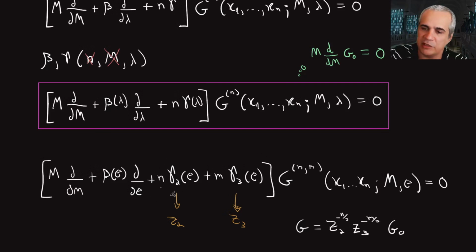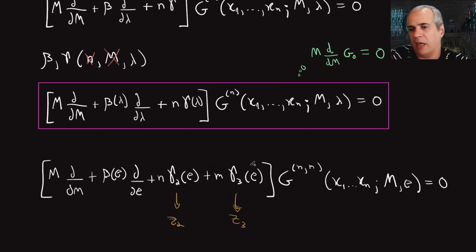You have a change in this part. This part is the same. Instead of lambda, I have the charge. Nothing changes. And so see how similar and how easy it is to generalize this for more complicated theories. You could also have more than one interaction. Same would happen with these beta functions. You would have more than one beta function.